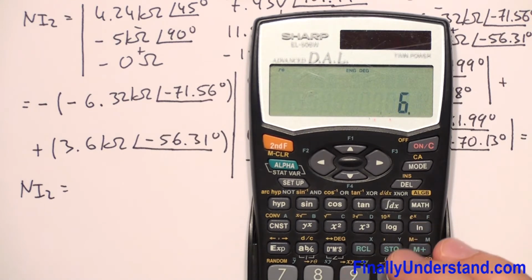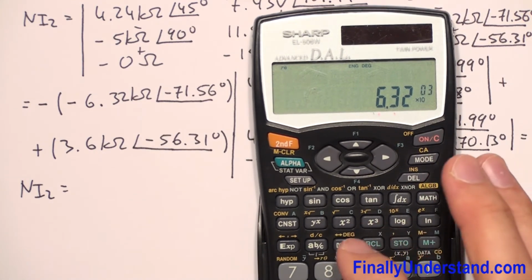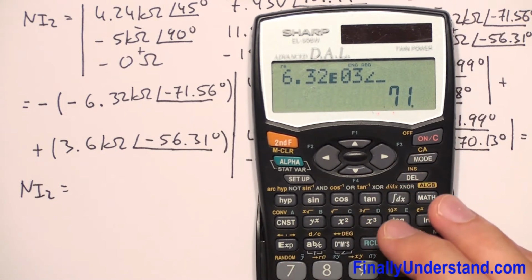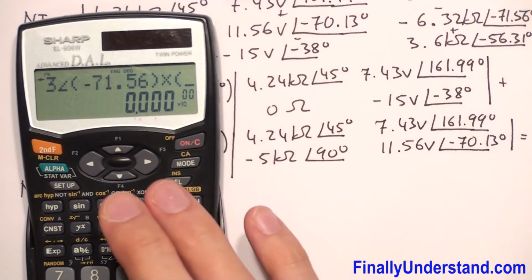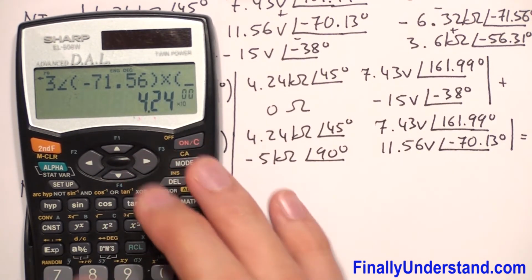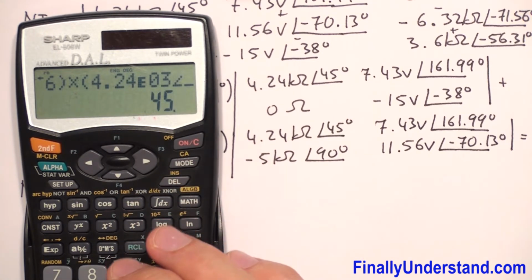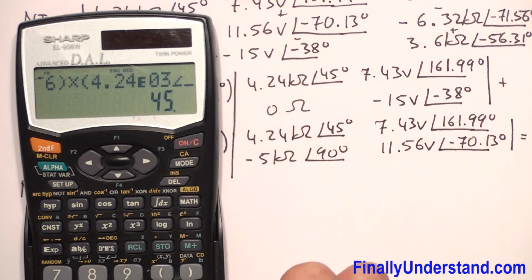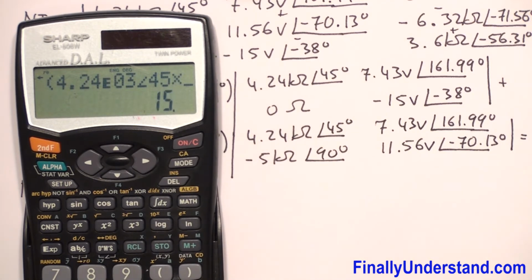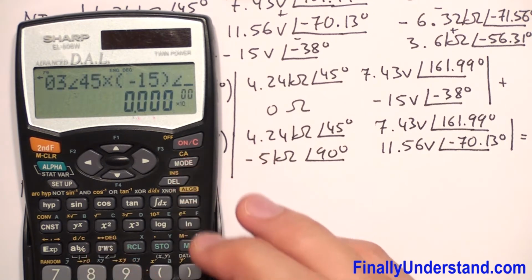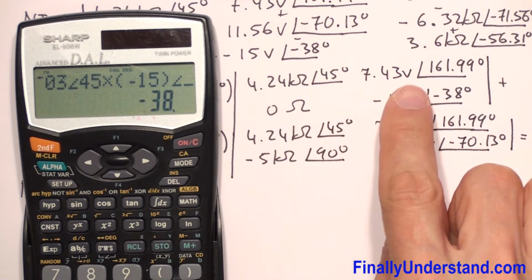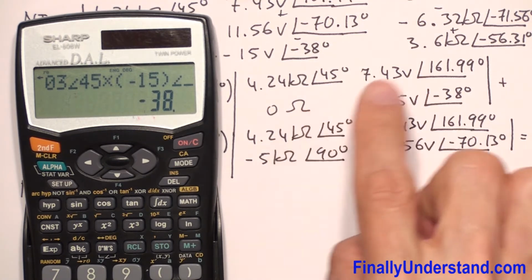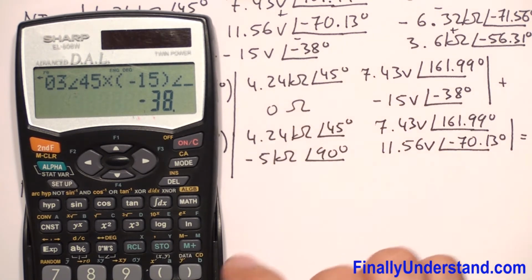I have 6.32 exponent 3 and angle of 71.56, negative times open parenthesis, and I have 4.24 exponent 3 and angle of 45 times negative 15 and angle of negative 38. Negative 0 times 7.43 will give me 0. That's why I don't bother to calculate this part. So close parenthesis.